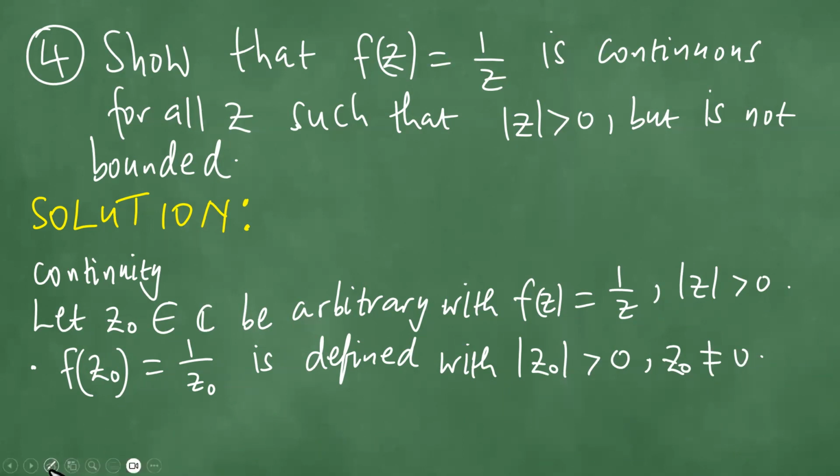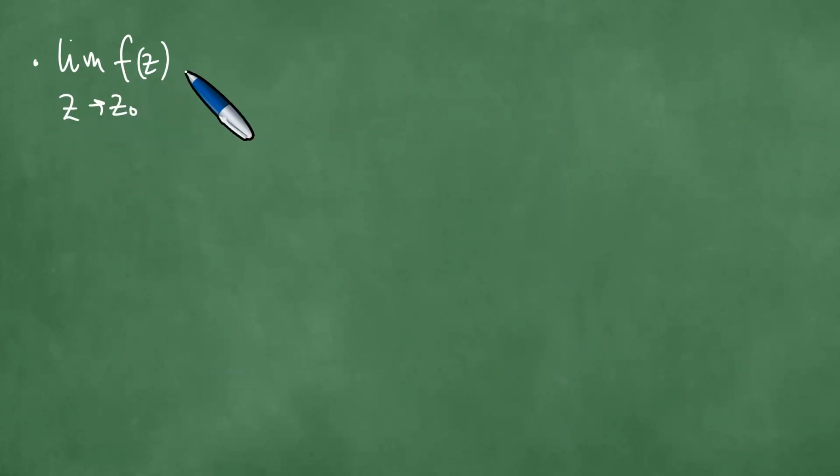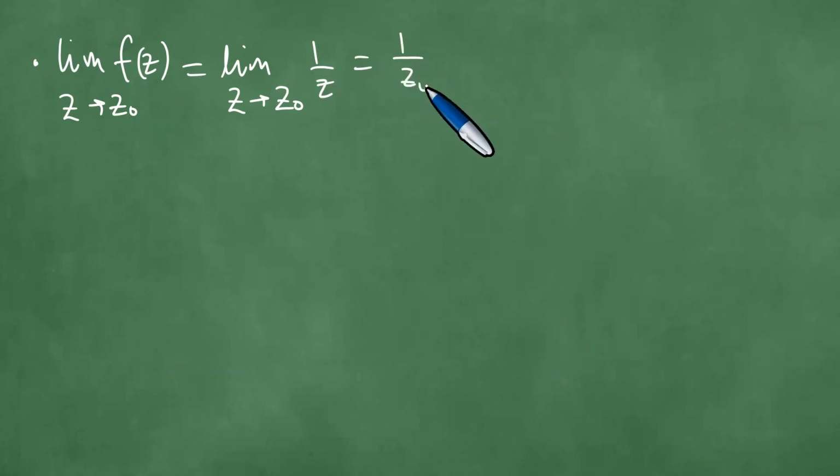The next thing is the limit of f of z as z approaches z0. This limit is 1 over z, and this is 1 over z0.